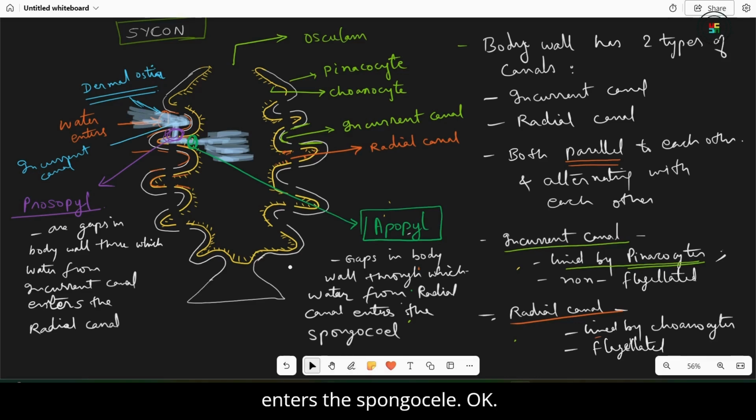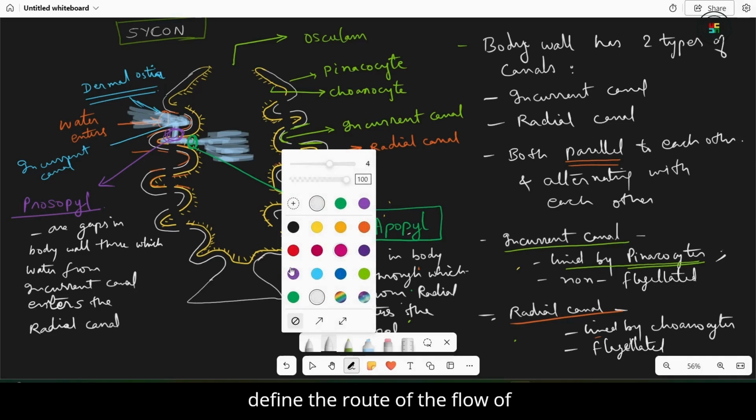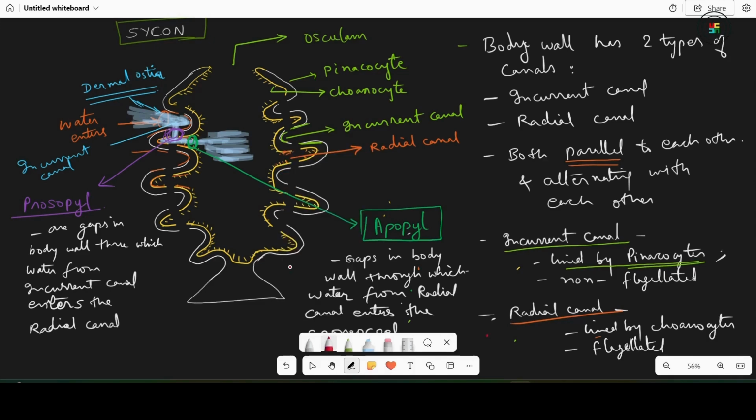Enters the spongocoel. Okay, so if you just define the route of the flow of water, this is outside water, number one.